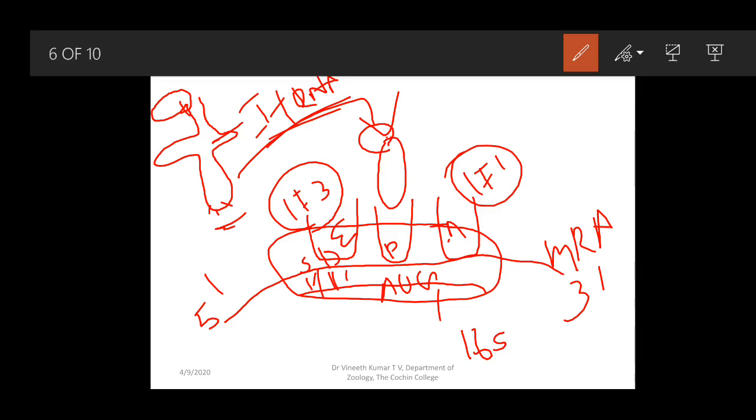When this tRNA enters the P site of the ribosome, codon-anticodon pairing occurs. If you have the mRNA here and AUG is present here, you will have U, A and C, that is UAC, in the anticodon structure.